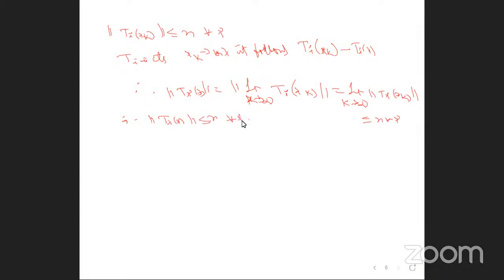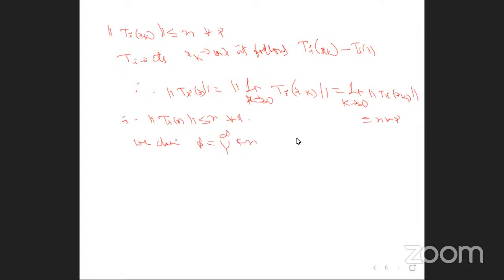So hence x belongs to F_n. Thus F_n is closed for each n. Now we claim that B equals the union of F_n from n equal to 1 to infinity.